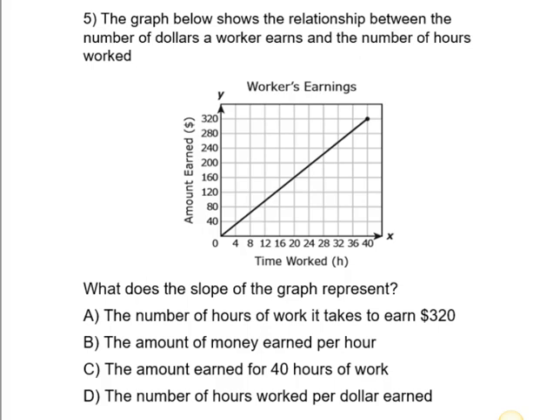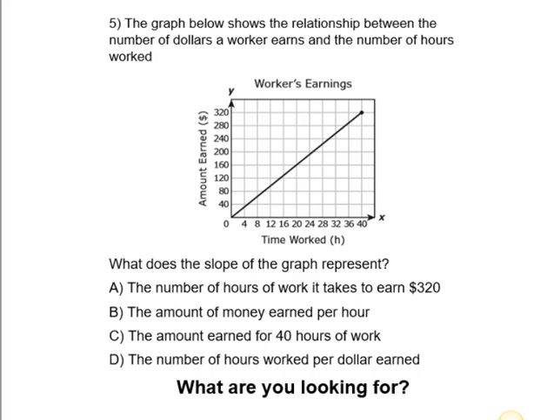For our y-axis, we see that that's the amount earned, and it's from $60 to $320. And for our x-axis, it's the time worked, H, and it's from 0 to 40. And we see that our slope is increasing, going up.